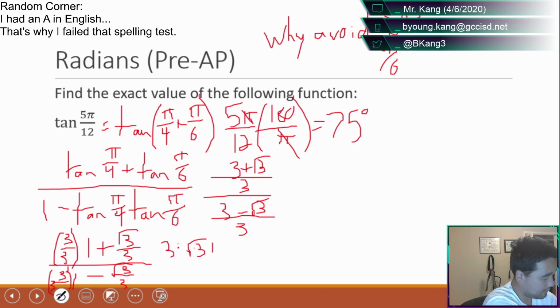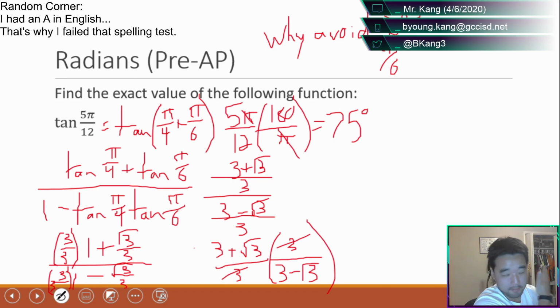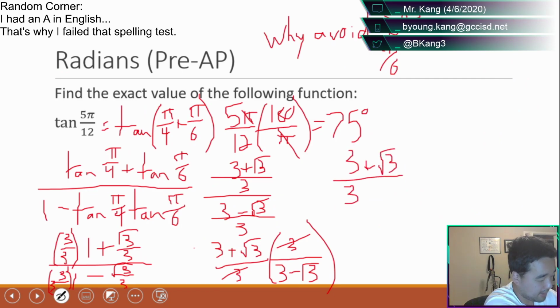Hold on, this is way too sloppy. All right, 3 plus square root of 3 over 3, keep flip change, 3 over 3 minus square root of 3. 3's cancel. And then finally, after 2 lines of work, I've gotten back to where I was at the beginning of this problem. So you have 3 plus square root of 3 over 3 minus square root of 3.